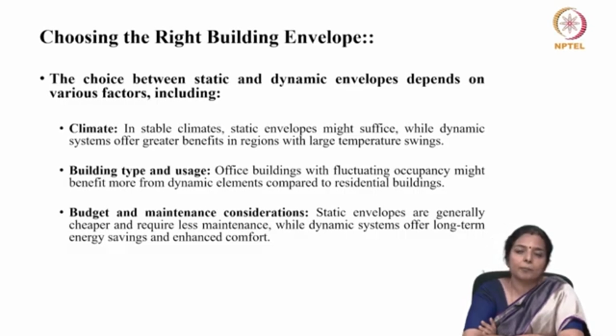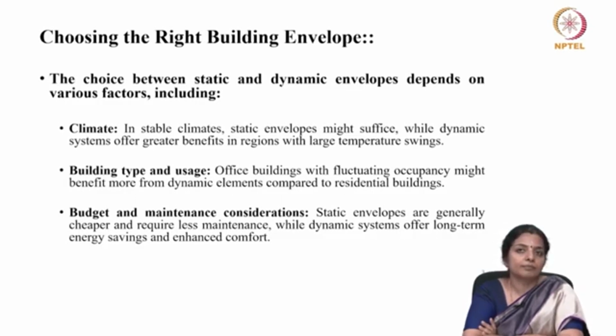Office buildings have more fluctuating occupancy, they are energy intensive, their requirement of daylighting and thermal comfort is far more complex than, say, a residential building. Hence, when given a choice, an architect should be able to exercise for which building typology these dynamic envelope systems work most.